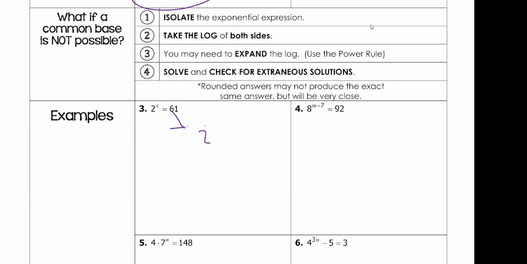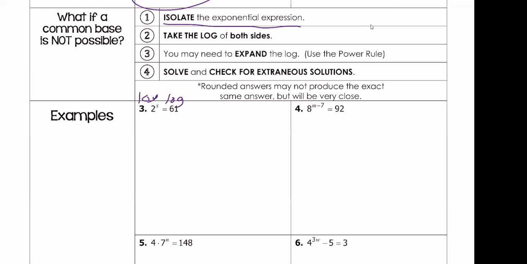So how we can do this is, the first thing you want to do is make sure your exponential expression is isolated, which in this problem it already is. We don't have anything added or multiplied to that. But how you deal with this is you take the log of both sides.